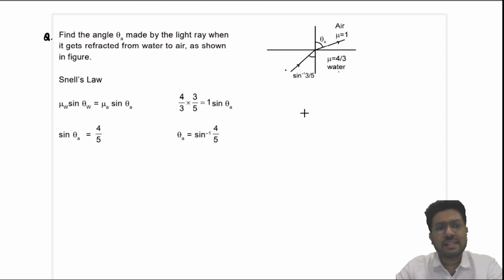You know by Snell's law, mu water sine theta water will be equal to mu air sine theta air. Now mu water is 4 by 3 and sine theta water is given as 3 by 5, mu air is 1 and sine theta A we need to find. So you will get sine theta A is equal to 4 by 5 or theta A is equal to sine inverse 4 by 5 and this can also be written as 53 degree.